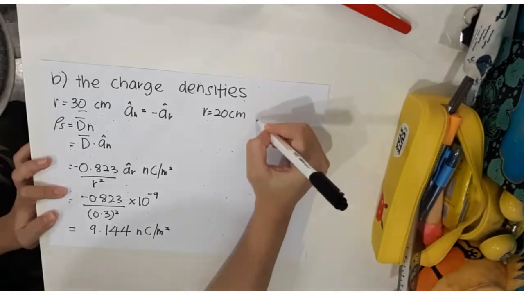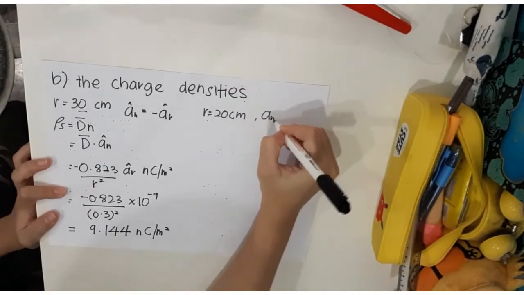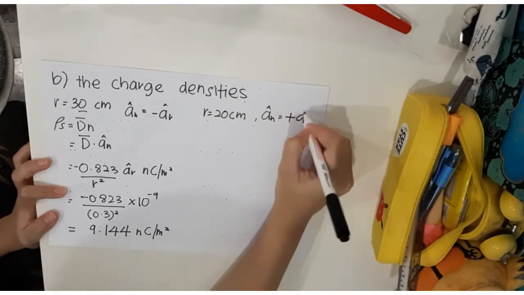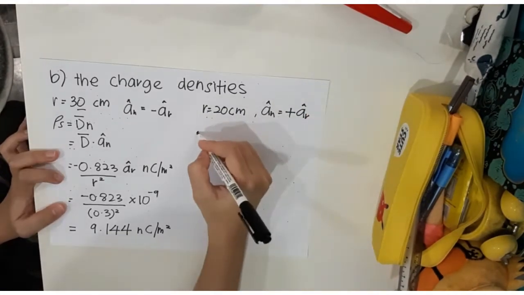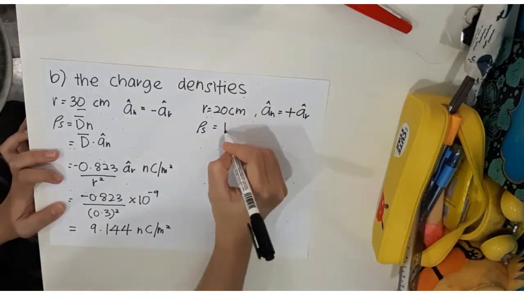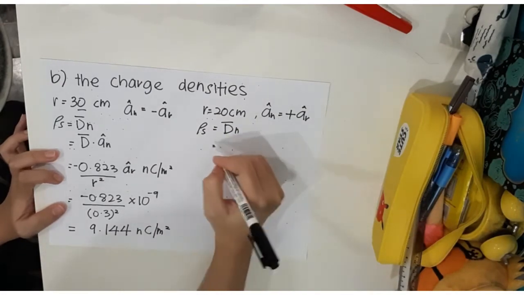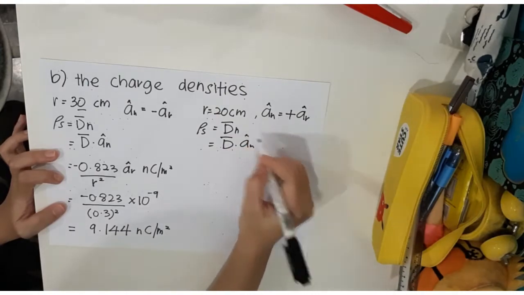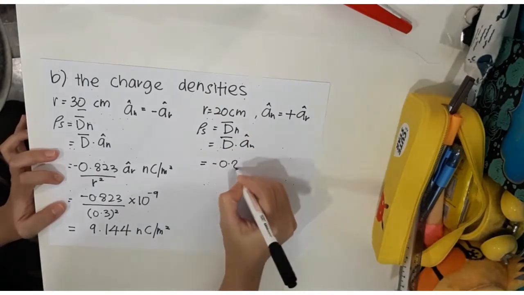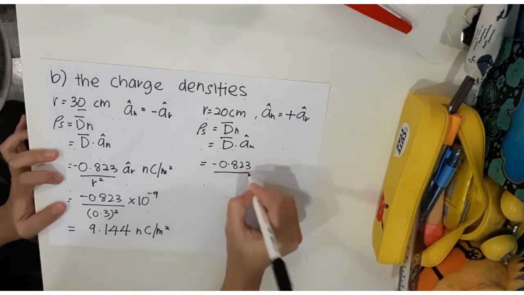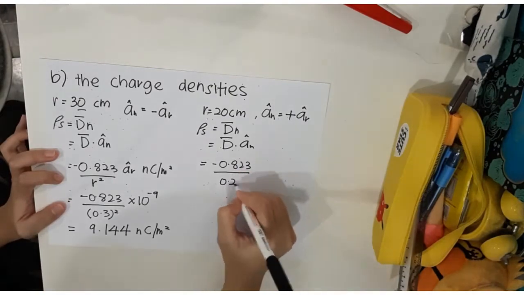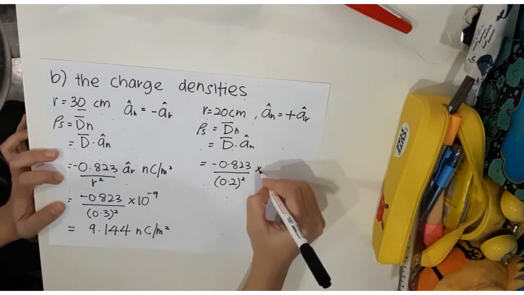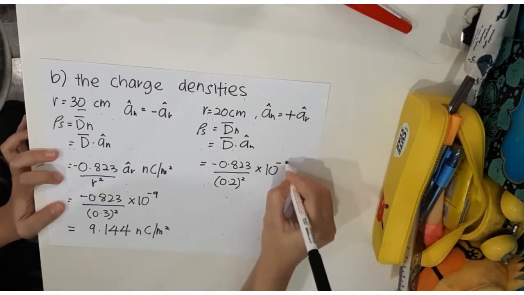For R equal to 20 centimeter, note that a_N equals positive a_R. Rho S equal to D, and so we know D is negative 0.823 over 0.2 squared times 10 to the power negative 9.